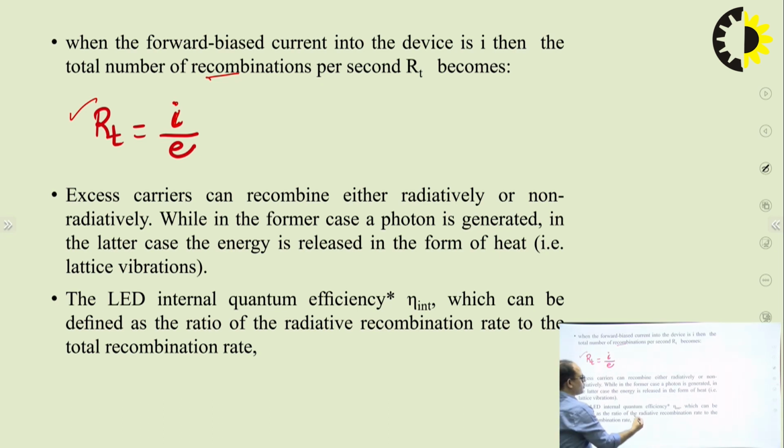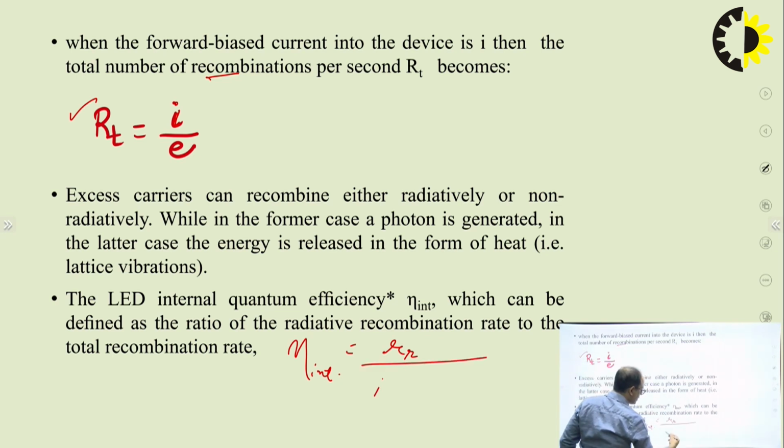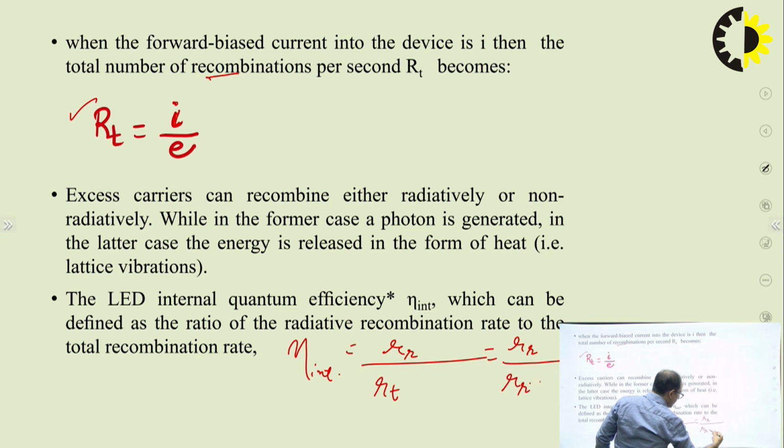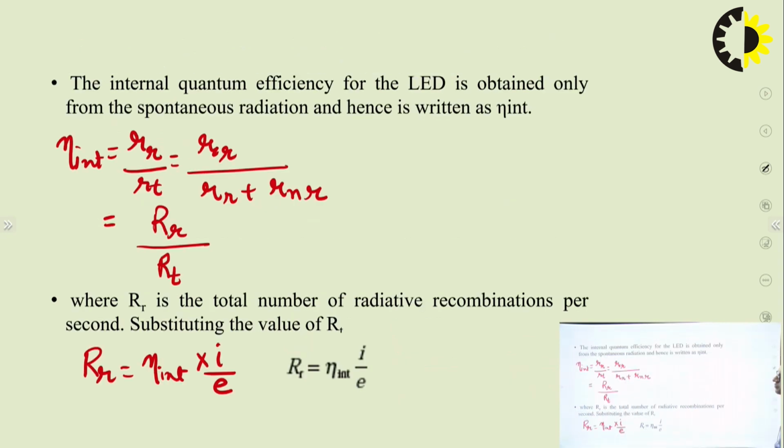The internal quantum efficiency can be written as the ratio of the radiative recombinations divided by the total recombinations, or you can say this is equal to radiative recombinations divided by radiative recombinations plus non-radiative recombinations, because radiative recombination produces photons and total recombinations produce photons plus heat, and in both cases electrons get depleted.